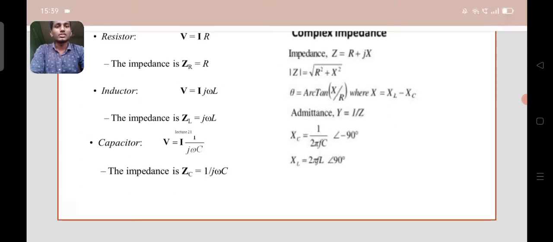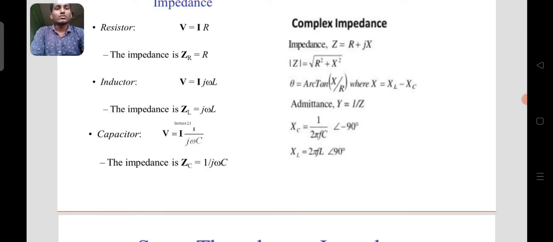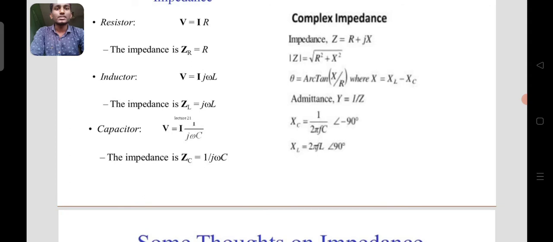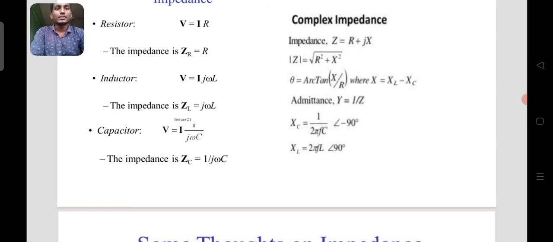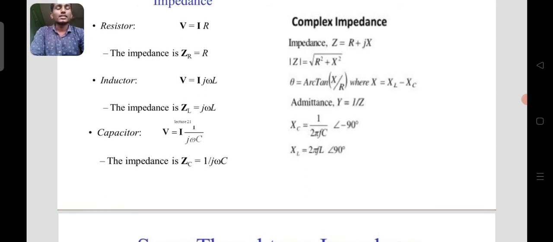For the inductor, V equal to I into j omega L, where the impedance is ZL equal to j omega L. For the capacitor, V equal to I into 1 by j omega C, and the impedance is 1 by j omega C.